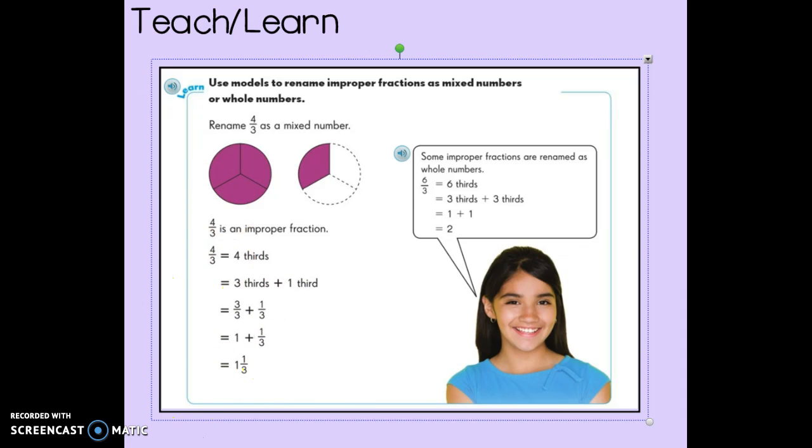Let's try a few examples of this. If we look at this fraction 7/3 and we want to write it as a mixed number, there is a division way that I can also do this. The fraction bar also means dividing, so it's really 7 divided by 3.